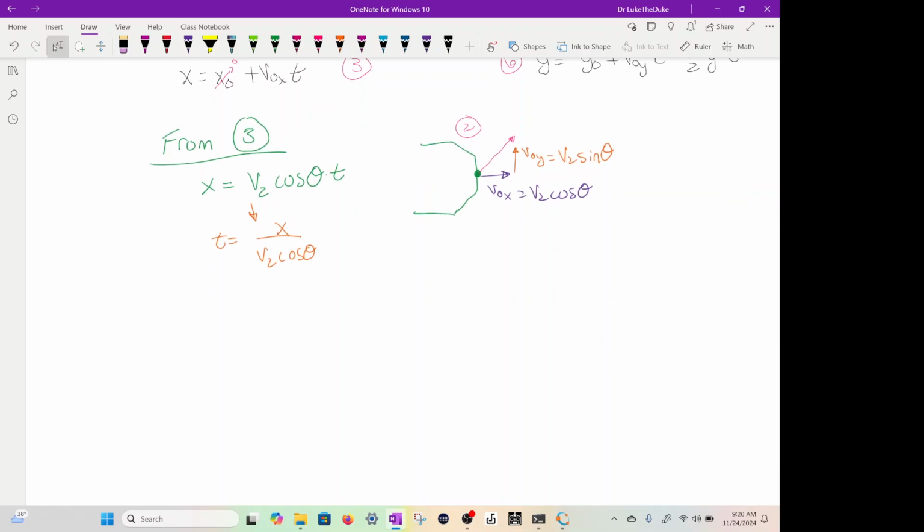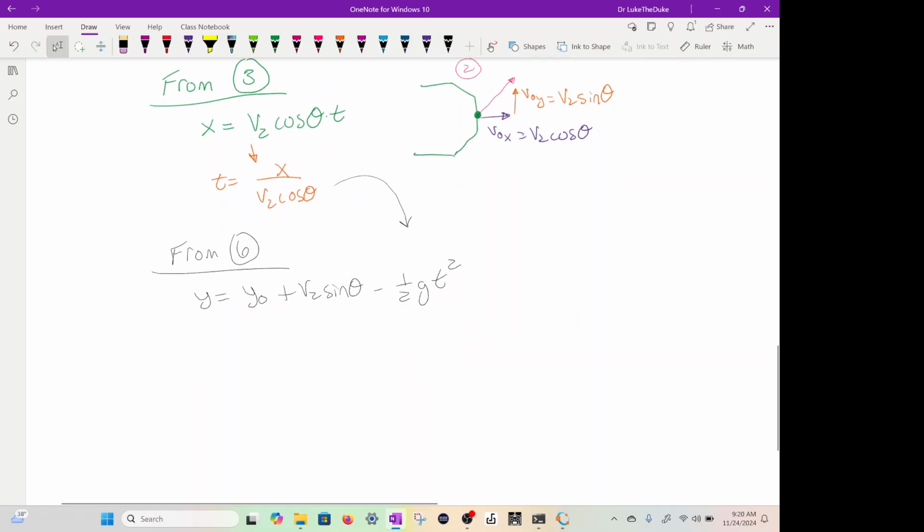All right, so next, from equation 6, y equals y naught plus v2 sine theta times t minus 1/2 gt squared. I'm going to plug in t into this equation from above. And this y is 0 because the final y should be 0, it's hitting the ground.